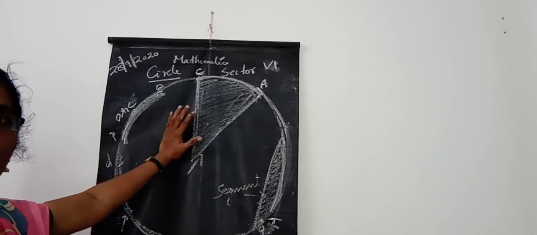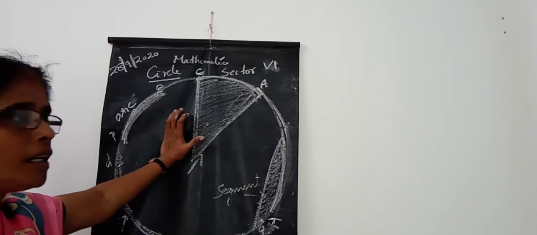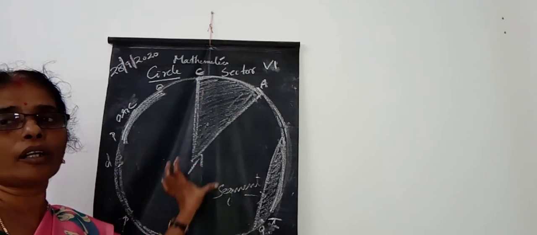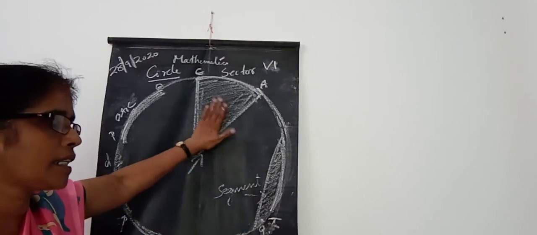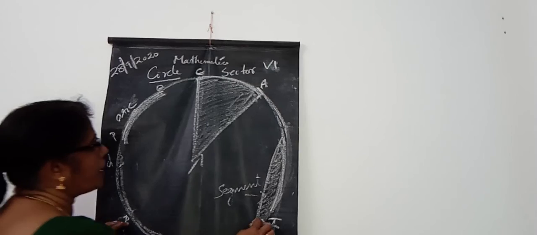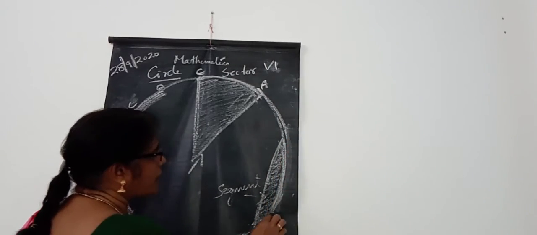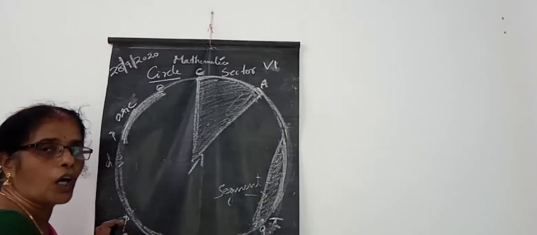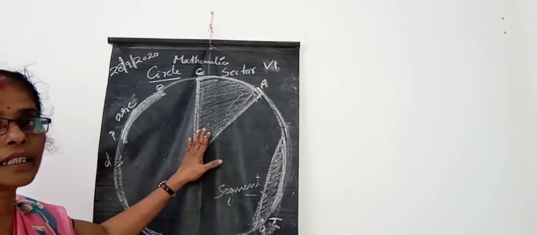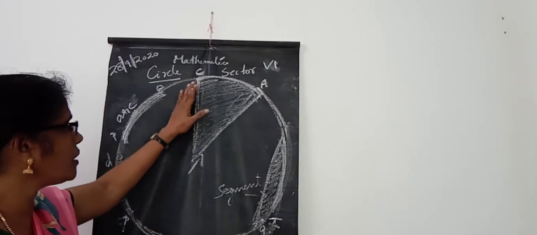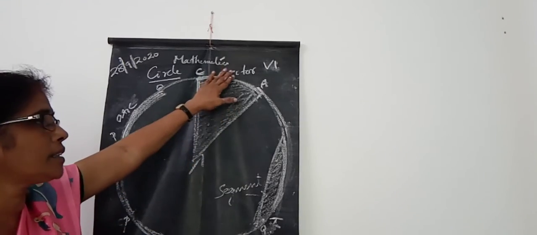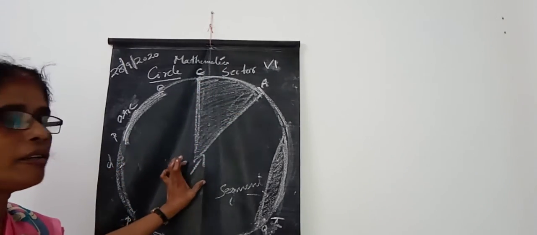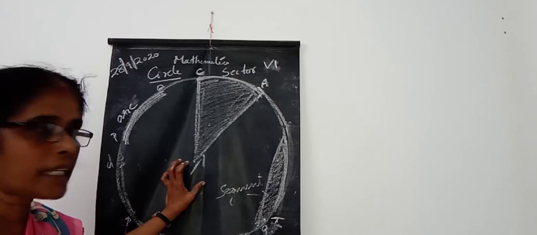Sector means one side is an arc and the other side is a pair of radii. That region we can call a sector. And this shaded part has one side an arc and the other side a chord. Here this one is the pair of radii. One side is an arc and the other is a pair of radii, that is a sector.